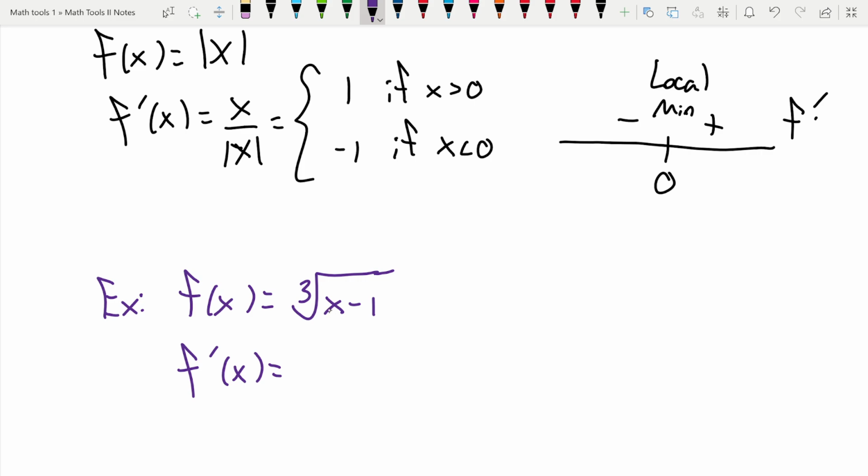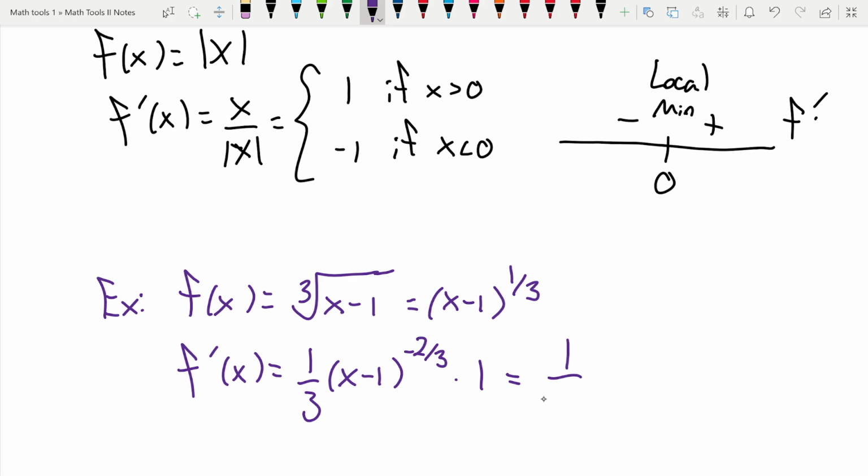It might be easier to think of it as x minus 1 to the 1/3, right? So this is going to be 1/3 times x minus 1 to the -2/3 times 1. By the chain rule, the derivative of x minus 1 is 1. So in other words, this is 1/3 times the cube root of x minus 1 squared.